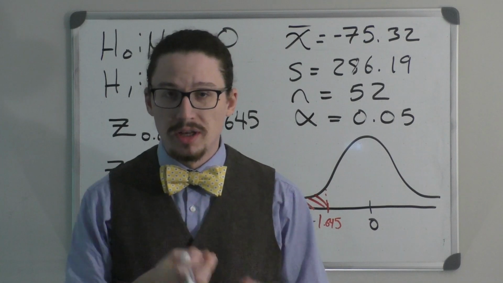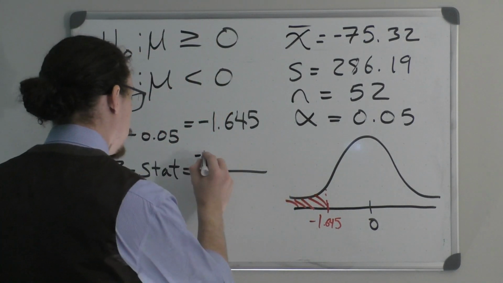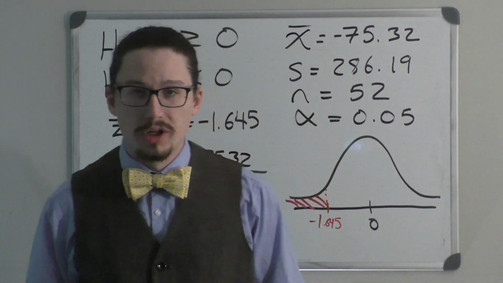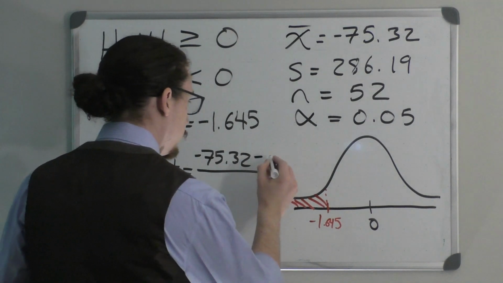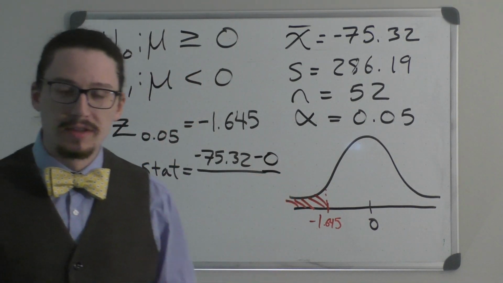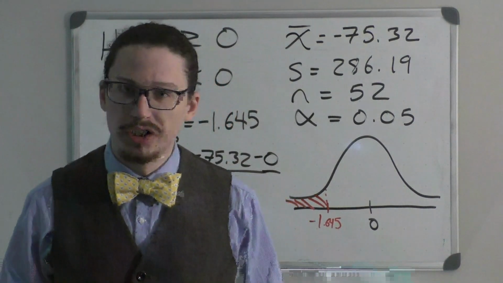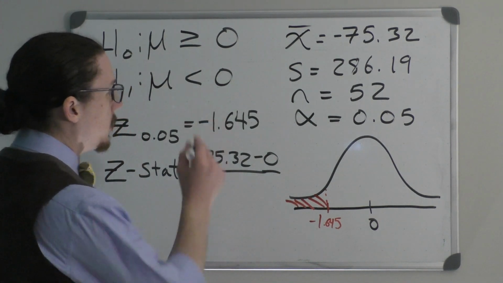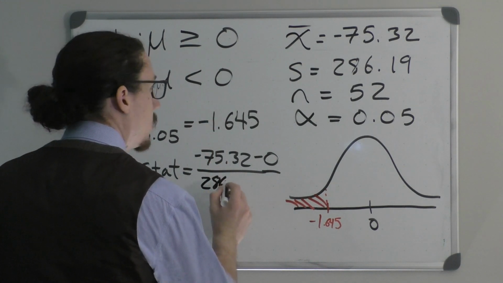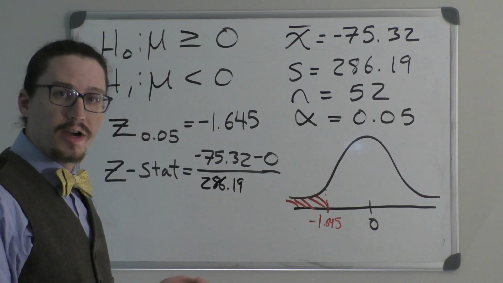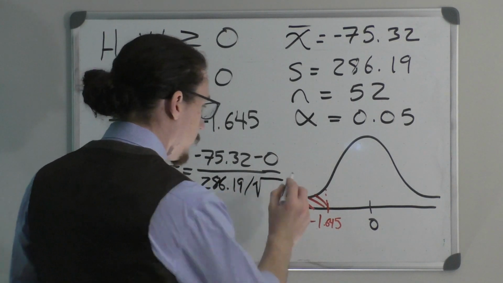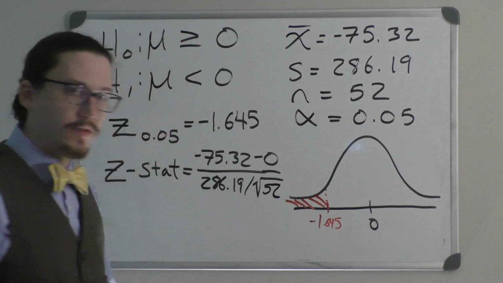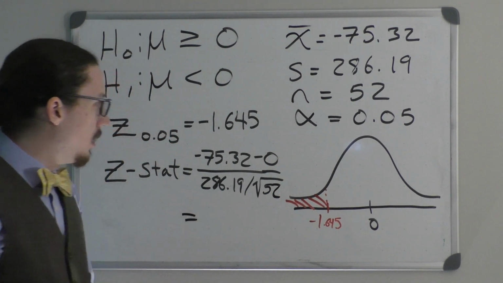Now we come to our test statistic. We're going to start with our sample mean, which was negative 75.32. We're going to subtract the arbitrary constant, which in this case is 0. So we could write negative 75.32 minus 0, or we could just not worry about including that 0. Then we're going to divide by the standard deviation, 286.19, divided by the square root of the sample size, so the square root of 52.